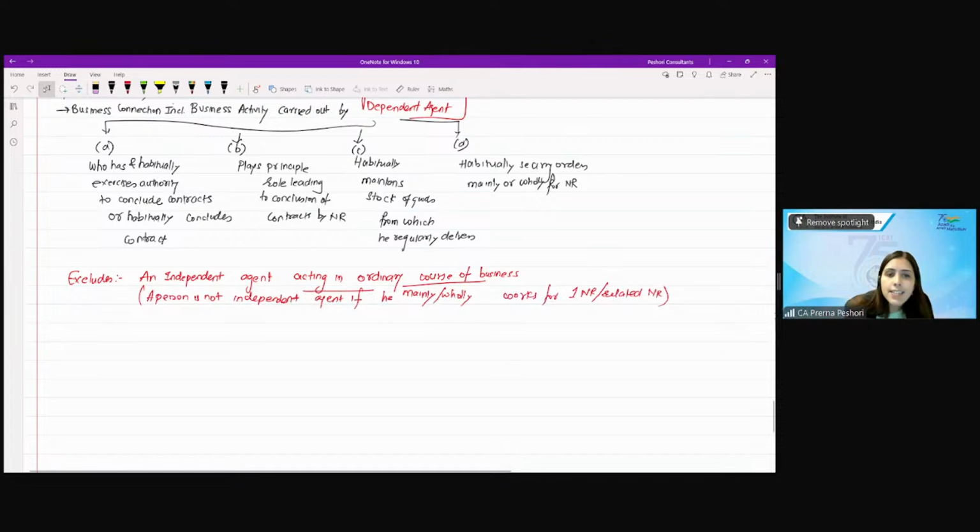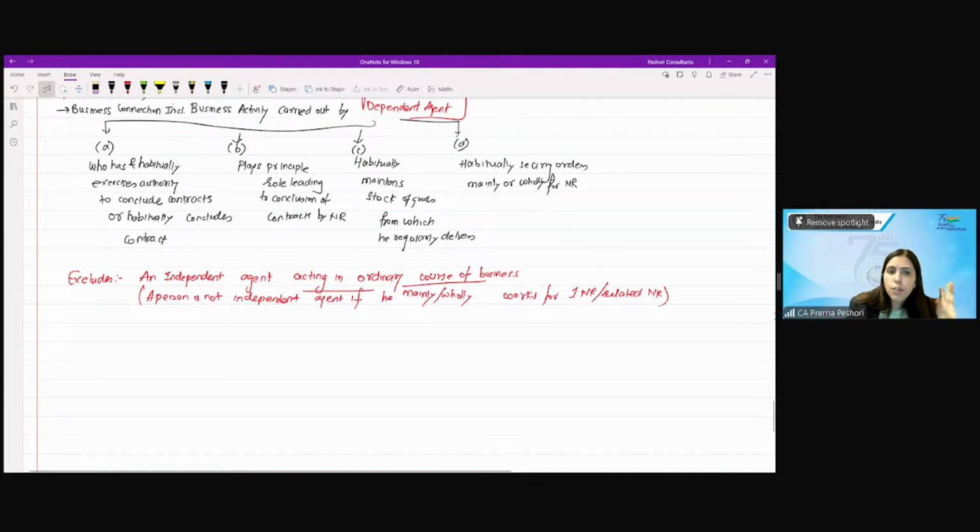You may get a case scenario to identify whether a particular person can be considered as the agent of the non-resident or whether he could be considered as constituting the PE, the business connection, for the non-resident. These are the kind of questions you can expect in the exam around this particular point. But you don't need to just mug up all these concepts.